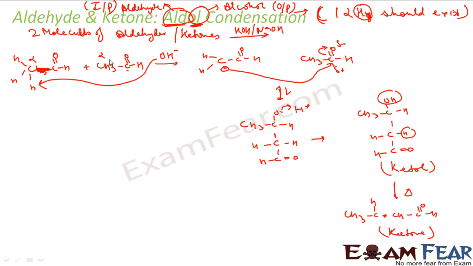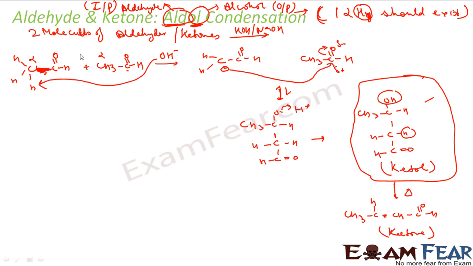The only condition is that the ketone should have alpha hydrogen, right? I can take a ketone and do an aldol condensation in a similar way. So this was an aldehyde and it formed alcohol. This was the product. Only when you heated it, you get this ketone back, but this is what the product is for aldol condensation, right? Aldol, aldehyde to alcohol.